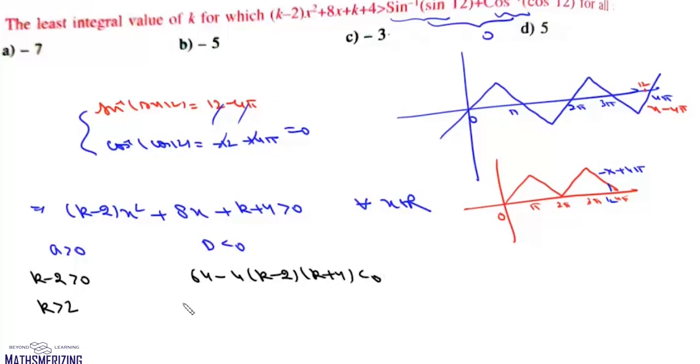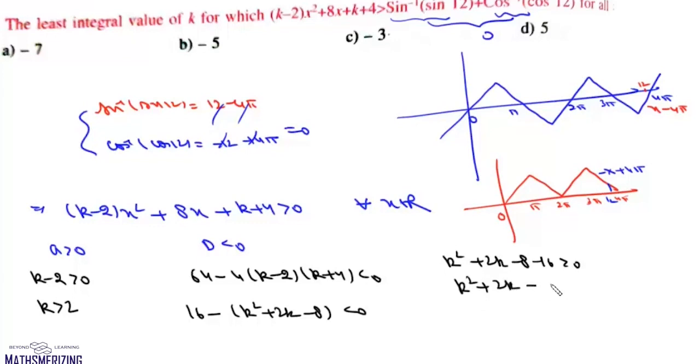Now we'll divide it by 4. So it will be 16 minus k square plus 2k minus 8 will be less than 0, or we can write this as k square plus 2k minus 8 minus 16 is greater than 0, which is k square plus 2k minus 24 is greater than 0.